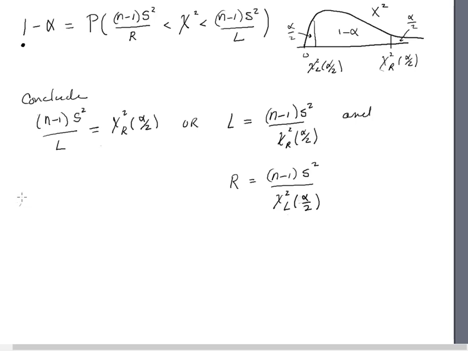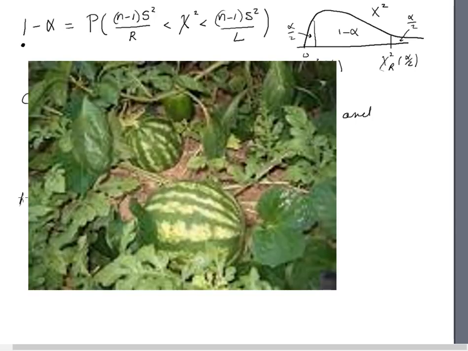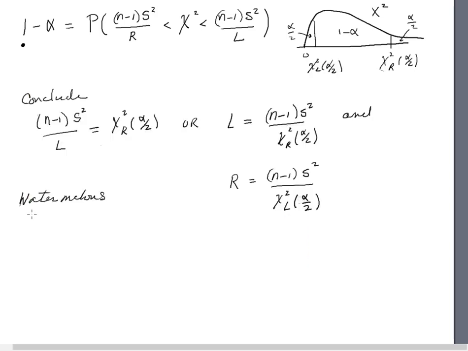So let's suppose that what we're doing is growing watermelons again. Who doesn't love a good watermelon? And suppose that we have made the decision we're going to take a sample of size n equals 16.